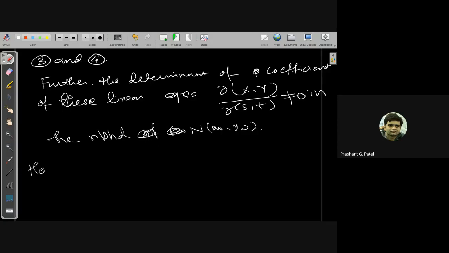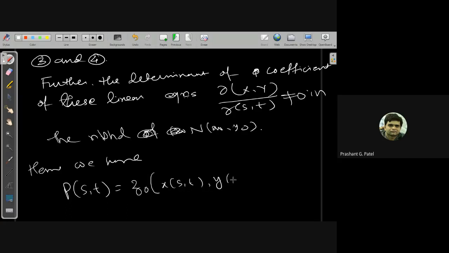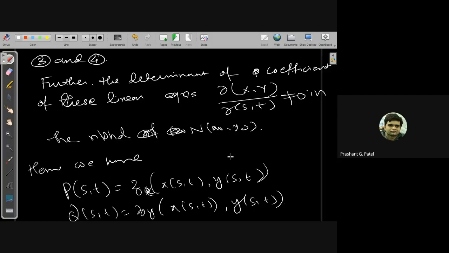Hence we have p(s,t) equal to z_x of x(s,t), y(s,t), and q(s,t) equal to z_y of x(s,t), y(s,t). Or I can say p is z_x and q is z_y.